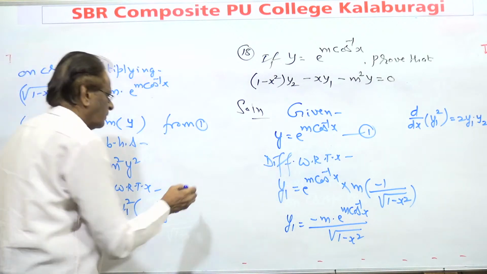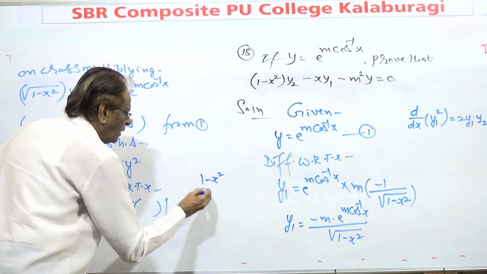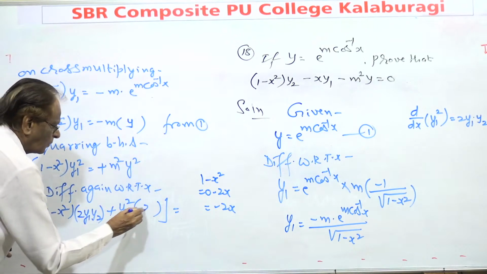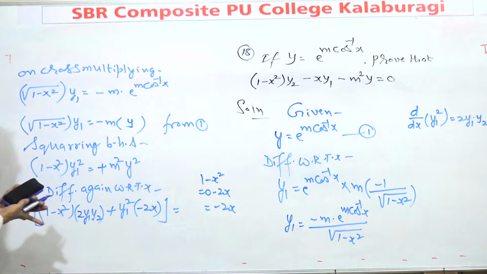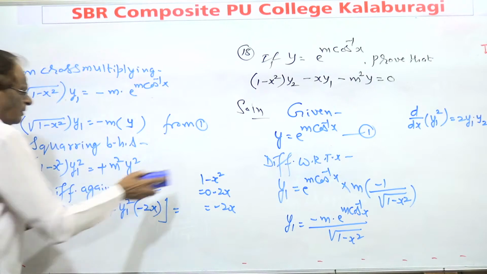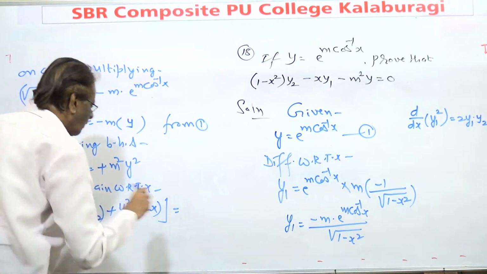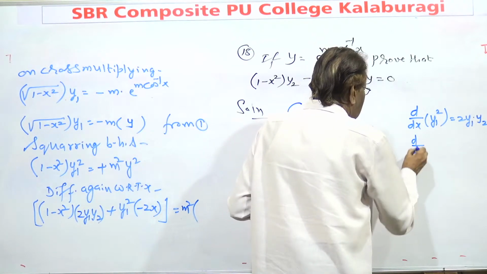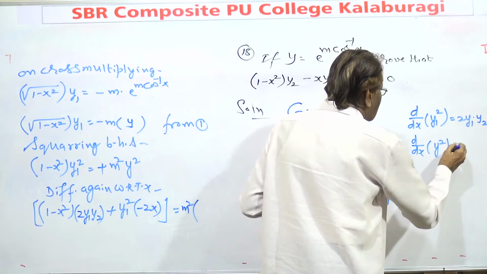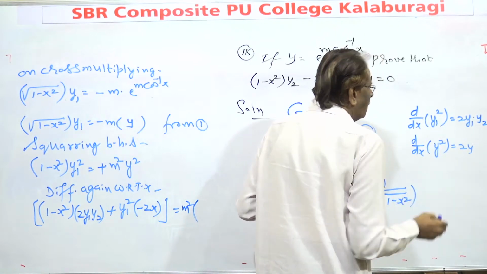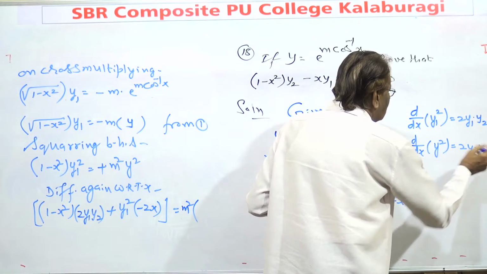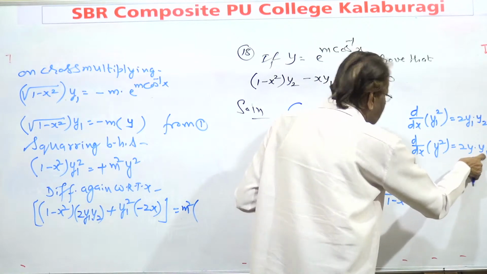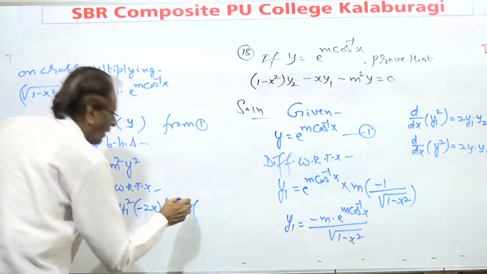Differentiation of bracket: bracket is 1 minus x squared, 1 differentiation 0, x squared differentiation 2x, bracket differentiation minus 2x. In the right side, m squared constant, differentiate y squared. Differentiation of y squared is 2y, then y with respect to x, y1. So 2y y1.